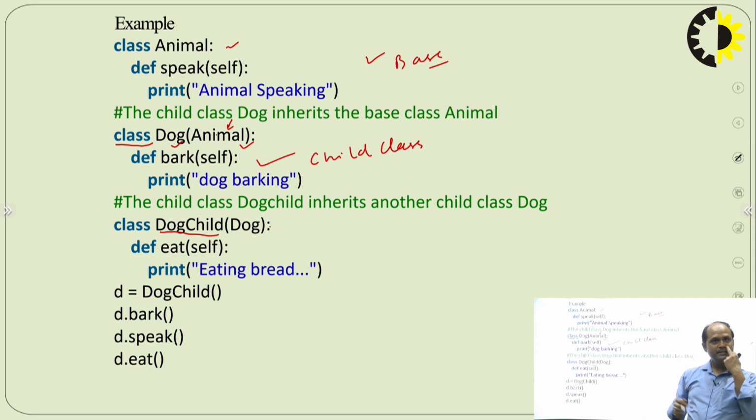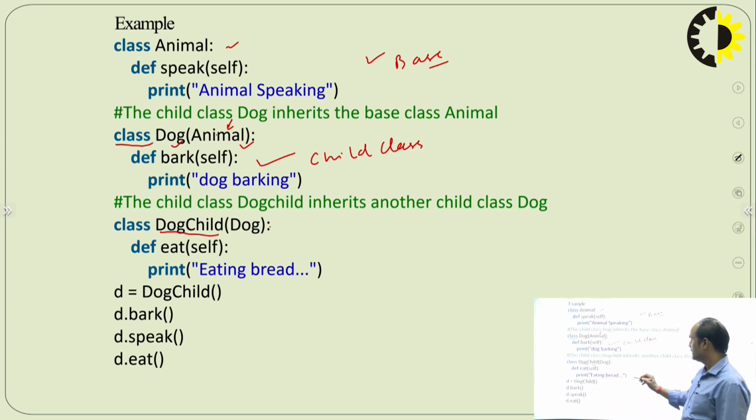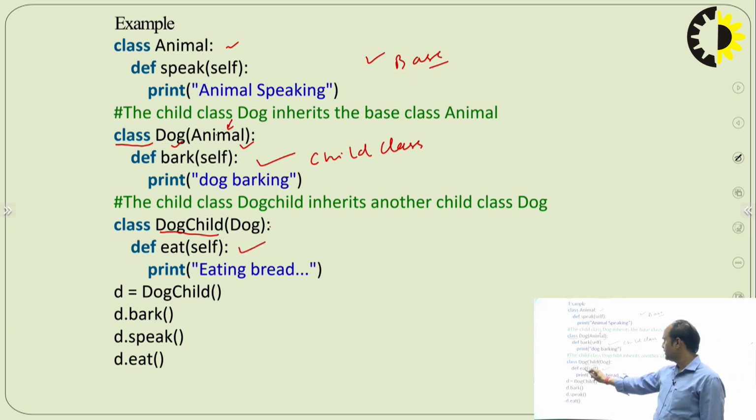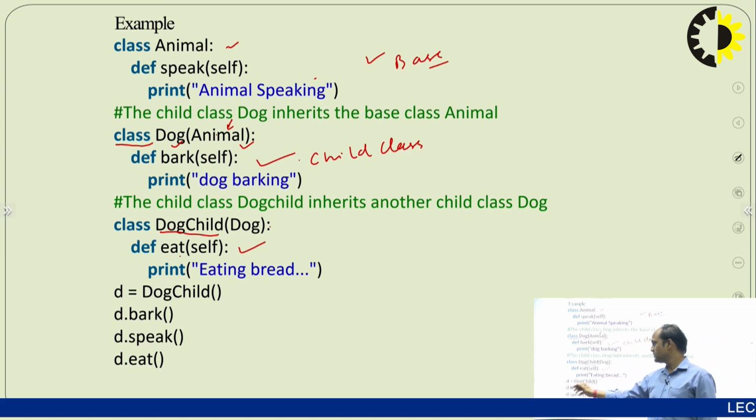So the inheritance concept is clear, and the multi-level inheritance concept is also clear from that example. And we can create the function eat. This function belongs to this particular child class. After creating the classes, that is a base class and a child 2 class, we can create the object D equal to Dog child, that is the function of Dog child.